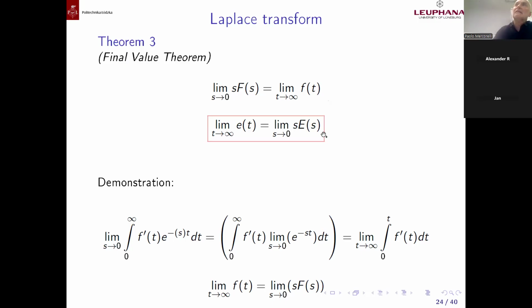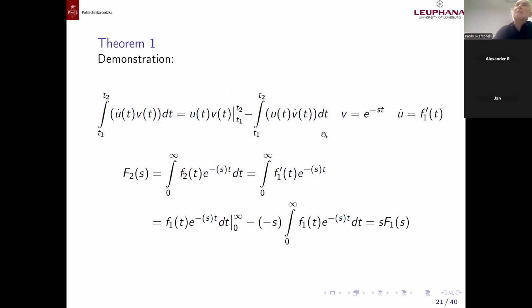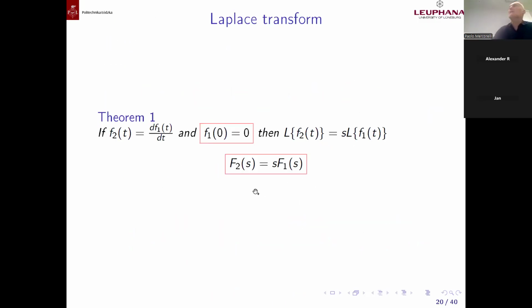Again, let me come back to theorem number 1. If you look at this theorem here, somehow theorem 3, the final value theorem, is based on this, in which f2 is the derivative of f1.